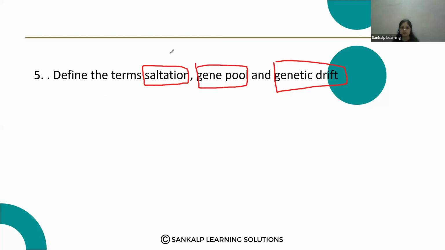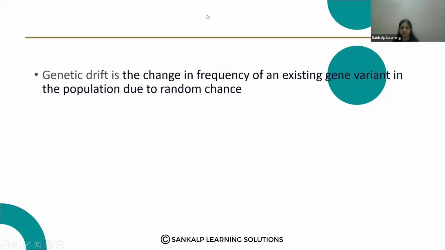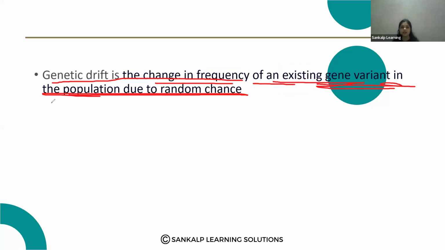Genetic drift is the change in the frequency of an existing gene variant in the population due to random chance. Next question.